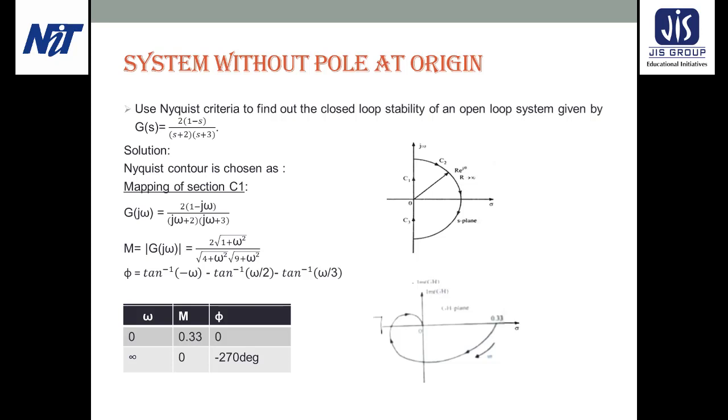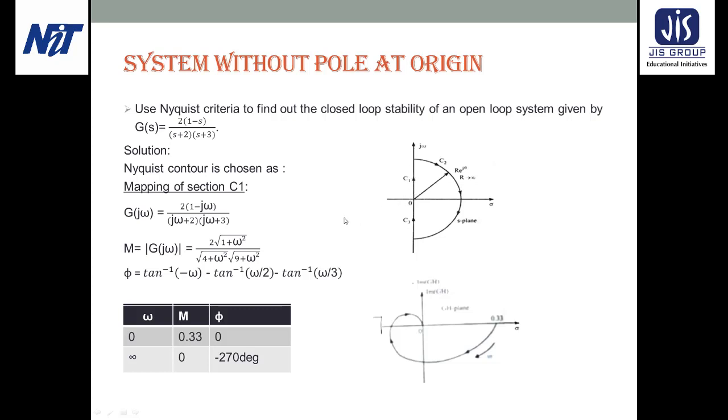So for mapping of section 1, the frequency omega is varying from 0 to infinity, and we know that any point on this axis does not have any real part. So S is written as sigma plus j omega, where sigma is the real part and j omega is the imaginary part. Now the real part will be 0 for any point located on this line.